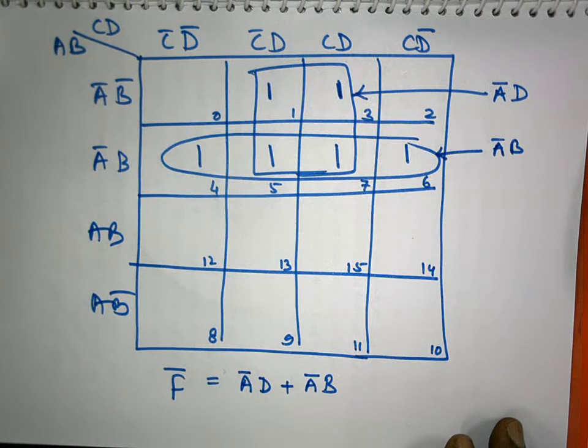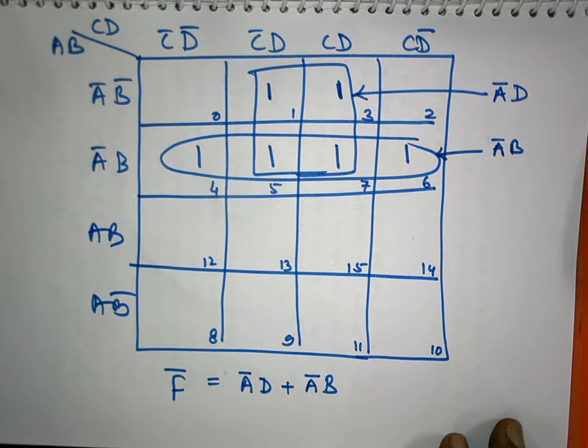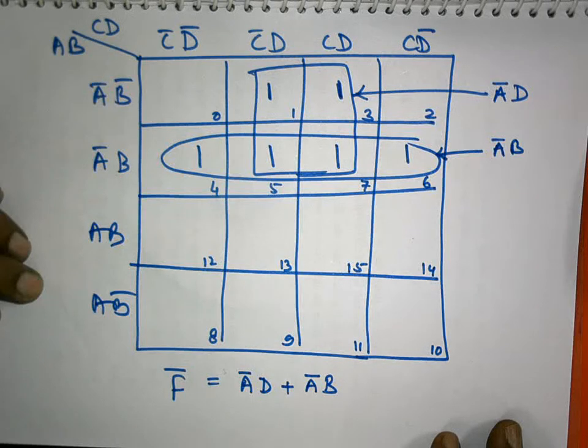So it will be further reduced. A bar D, okay, A bar D, and this is A bar B, AB and AB bar, okay, no problem. So this is A bar D plus A bar B, but this is F bar.